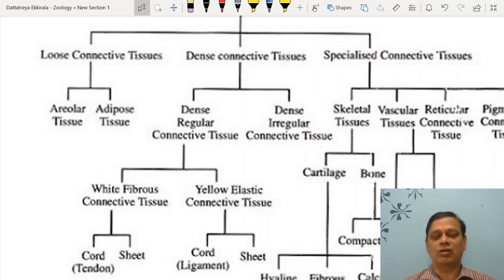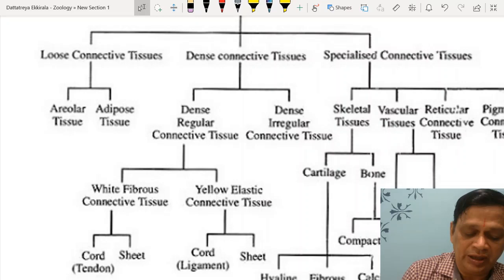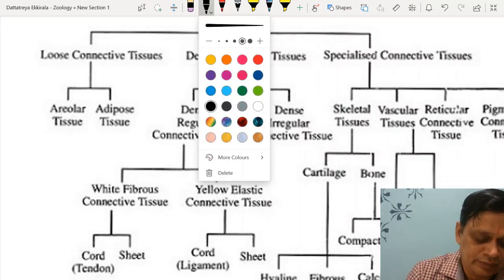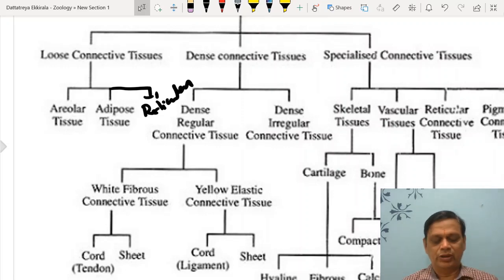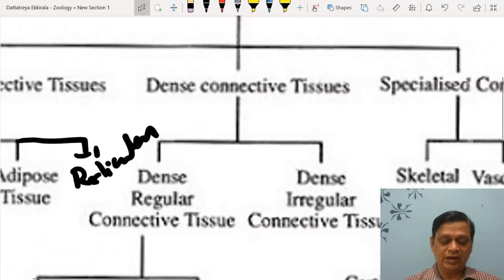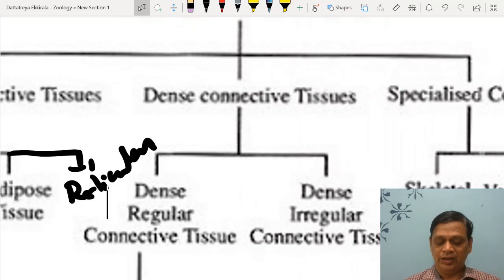The loose consists of areolar, adipose, and we can also say one more variety here, reticular, right? And dense includes dense regular and dense irregular. Regular includes tendons and ligaments, and irregular is present in various places.